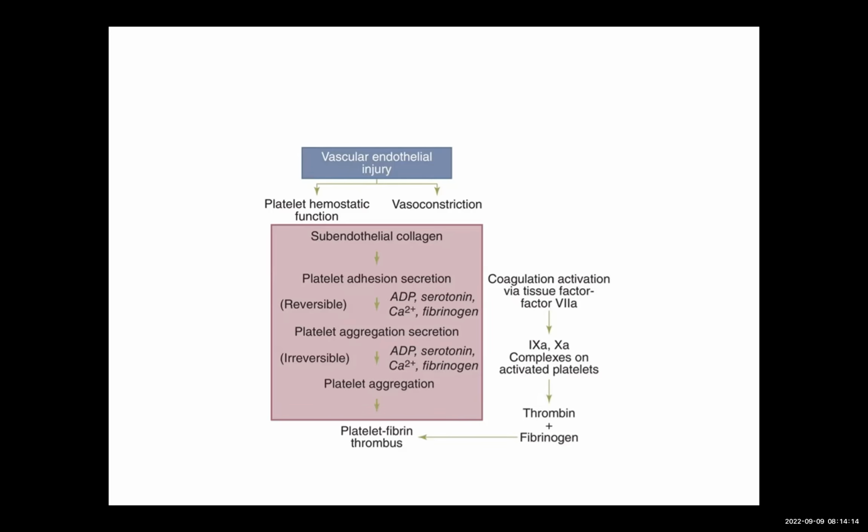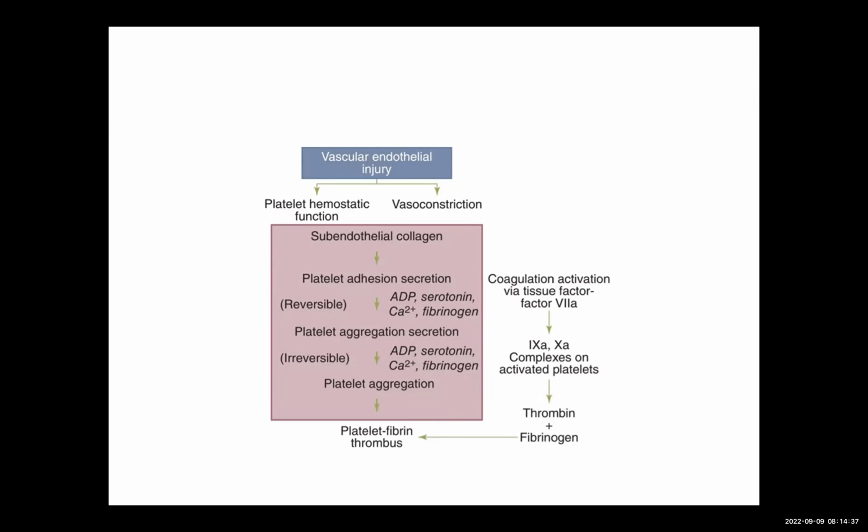With this chemical mechanism, it leads to platelet aggregation and secretion, which at first is reversible, but after this process, activated by ADP, serotonin, calcium ions, and again fibrinogen, it becomes an irreversible procedure which leads to the final formation of a platelet aggregation.